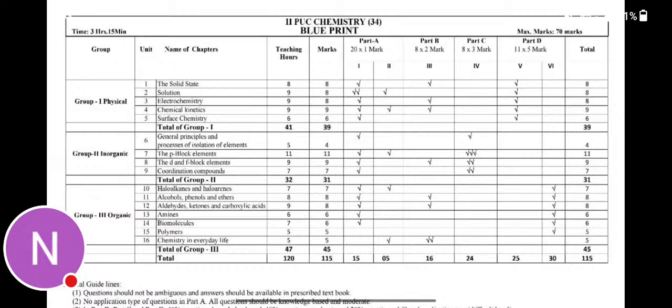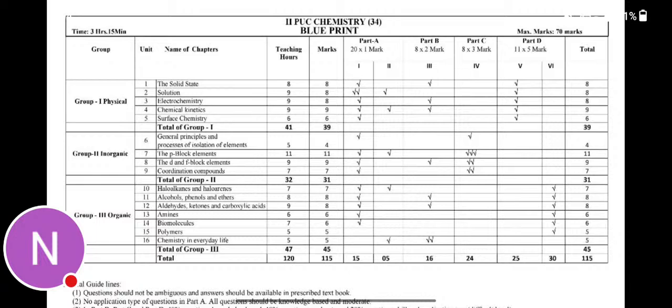And next, group 3, that is organic chemistry. Here the 10th chapter, that is haloalkanes and haloarenes, 7 hours is allotted as teaching hours for this chapter, and 7 marks is allotted for this chapter. 1 question for 1 mark, first main, and 1 question for second main, 1 mark, part A. 1 question for part D, sixth main, that is 5 marks.